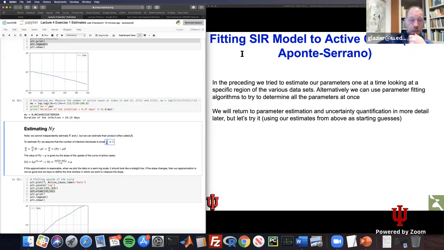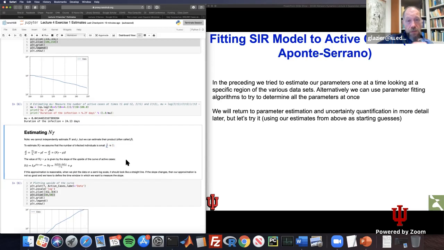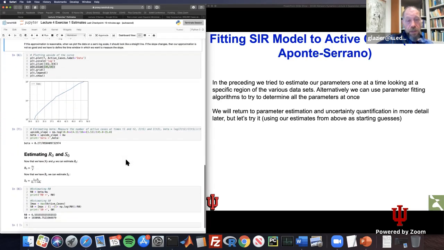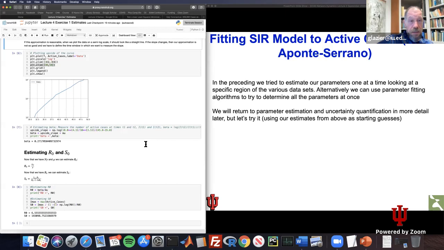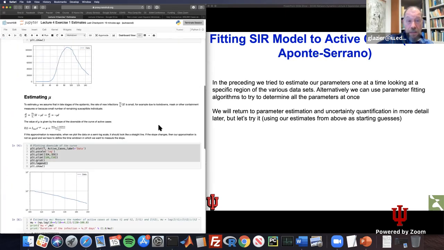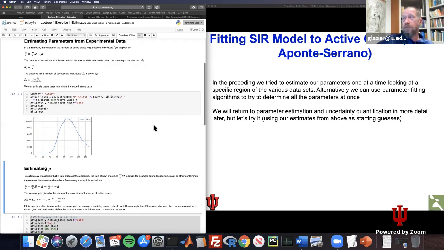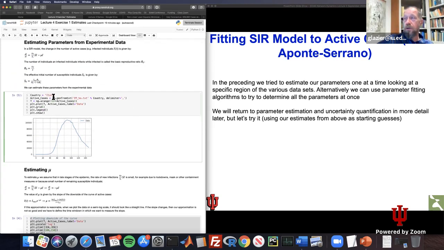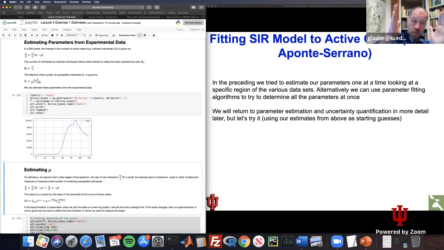So I think what I'd like people to do now is pull in, he's done this for Italy. Now let's change the word Italy to Spain. And you're going to have to go through the plots and change the window of the Y limit and the X limit to get those linear regions.